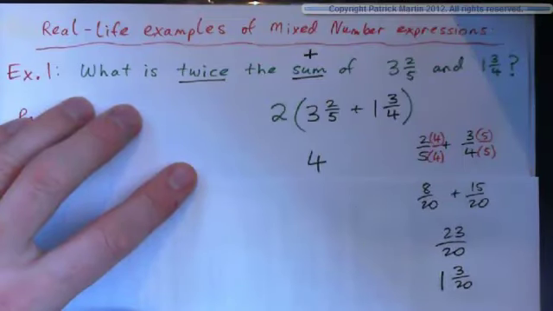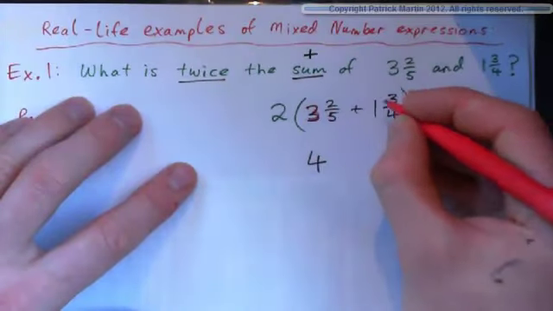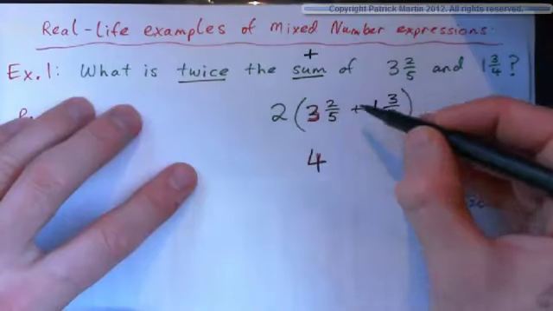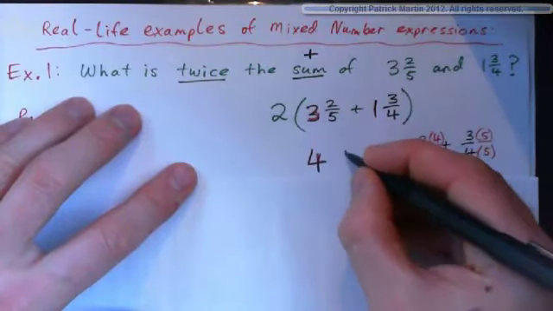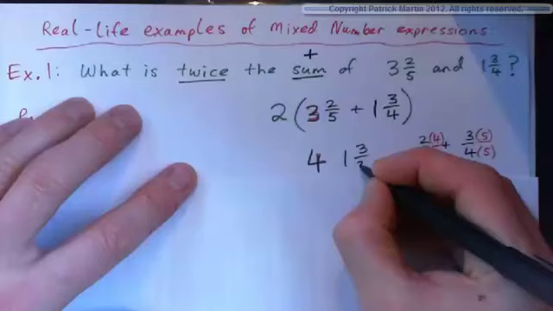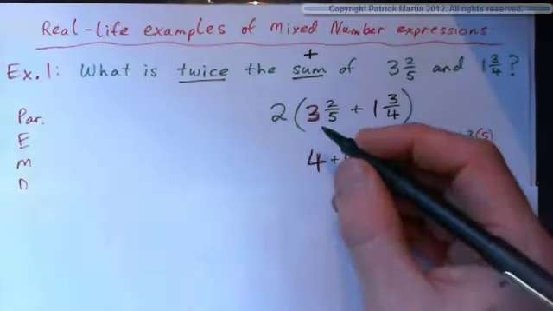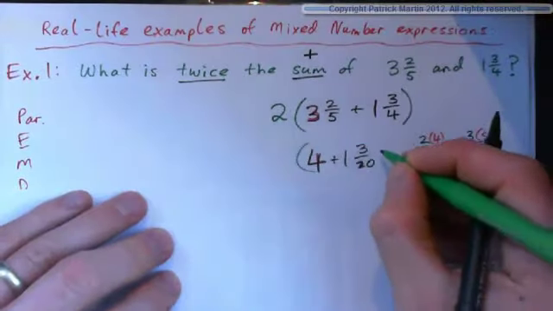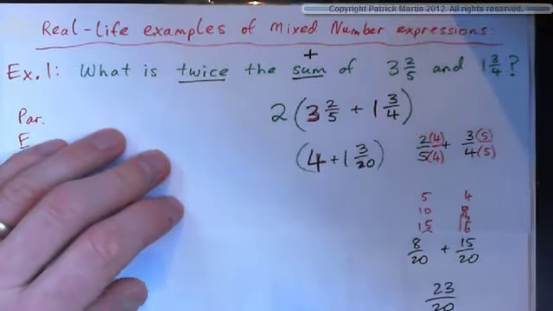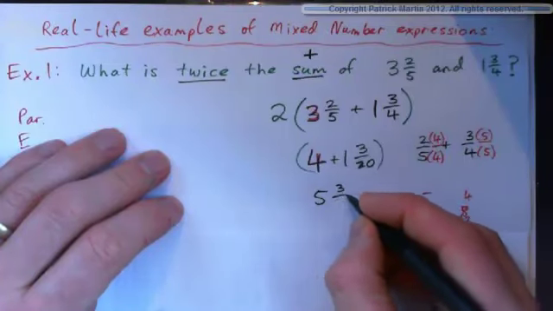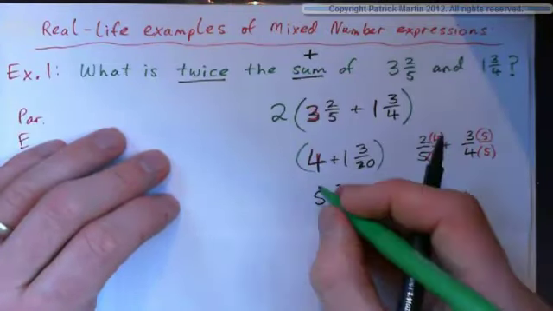Okay. So when I did my 3 and my 1, I got 4. When I did my 2/5 and my 3/4, I got 1 3/20. So 4 plus 1 3/20, and of course that was in parentheses, becomes 5 3/20.